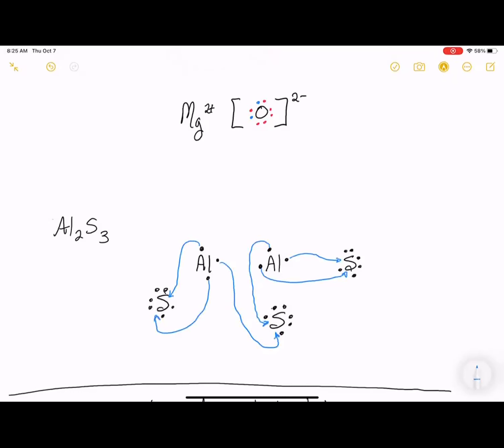Now, yes, I can draw this in all sorts of ways. I could write it as aluminum 3+, aluminum 3+, with my sulfides that have their octets.